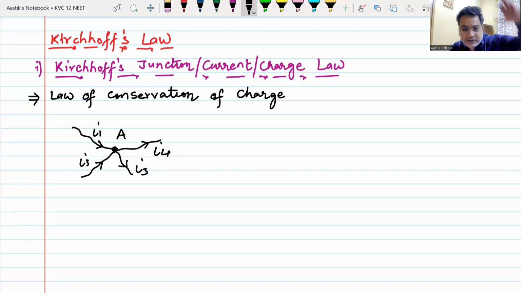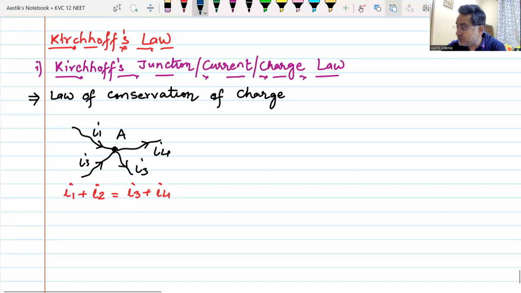Now, whatever current is coming at junction A, the same current has to go out from junction A. Yes or no? Yes, sir. That is simply the law of conservation of charge, or law of conservation of current. So from here you will get I1 plus I2, which is the incoming current, has to be equal to I3 plus I4.